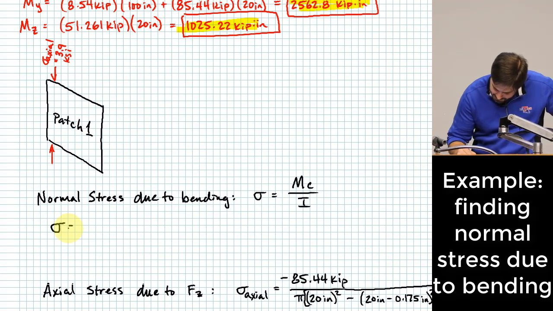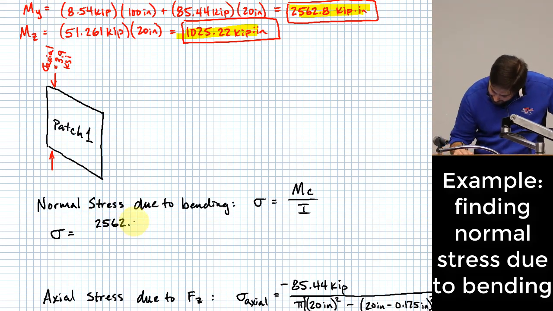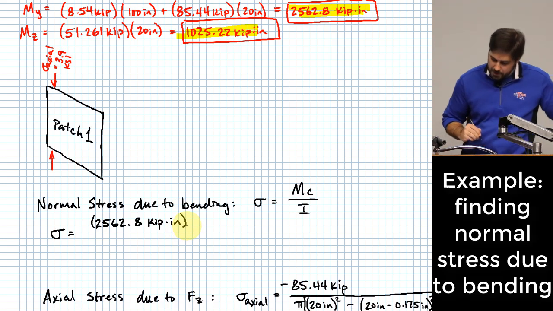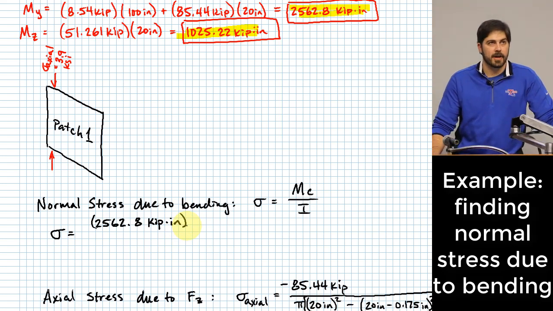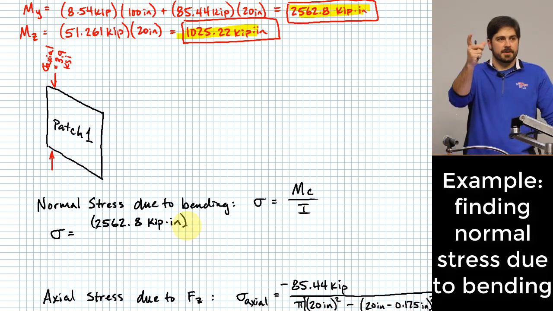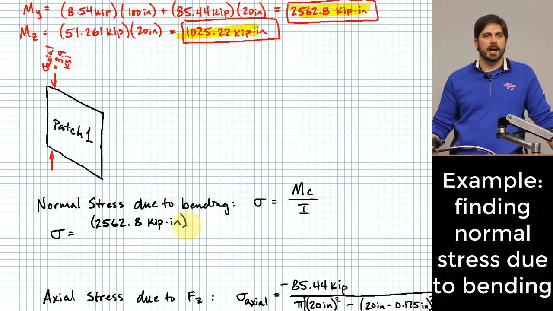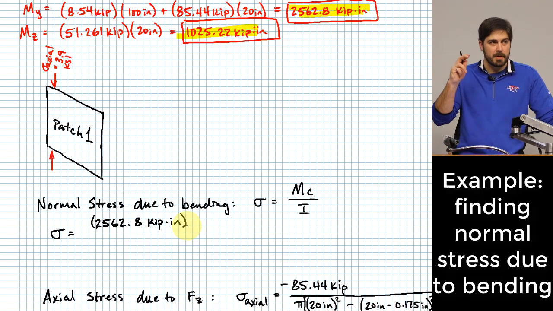So my stress then is going to be equal to 2562.8 kip inches. What is C? Okay, because I'm given radius at the very beginning, that is the distance from the neutral axis to the outer fibers of this beam, right?